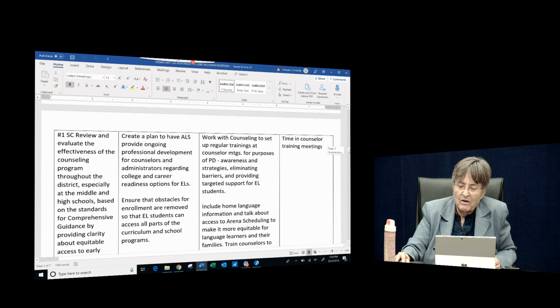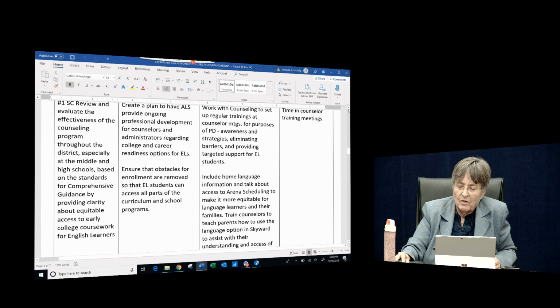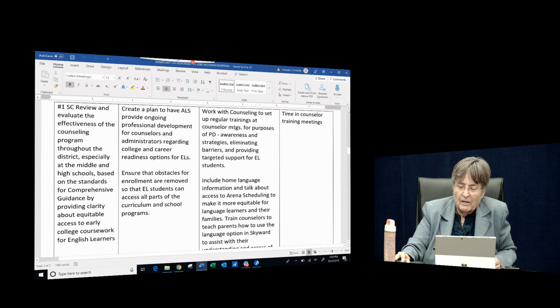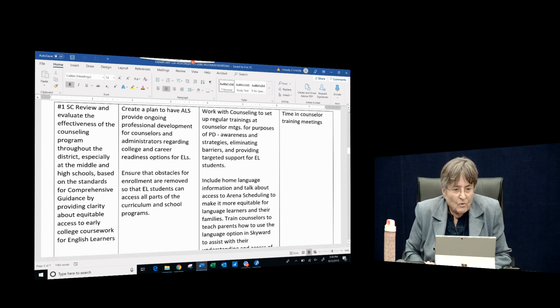We even have a new board rule that has met with quite a bit of controversy in relationship to equitable access for students who are English learners, as well as students from all kinds of disaggregated or student groups that aren't fully represented in those courses. So create a plan to have ALS provide ongoing professional development for counselors.